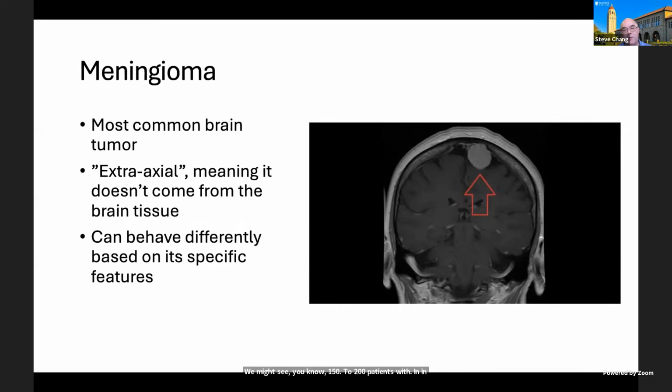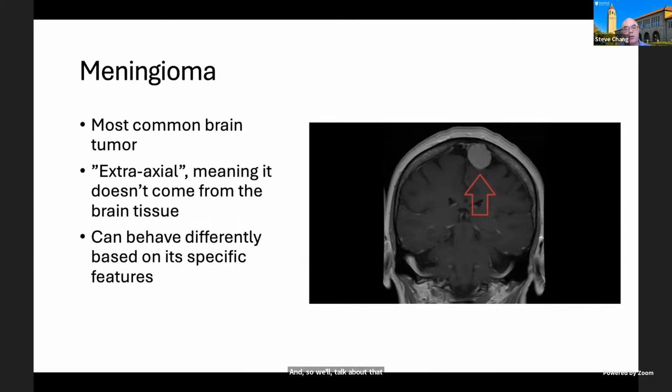They're fairly run-of-the-mill in terms of frequency, but there are a number of differences between meningiomas, meaning they're not all uniformly the same. They're not all managed the same, so we'll talk about that.